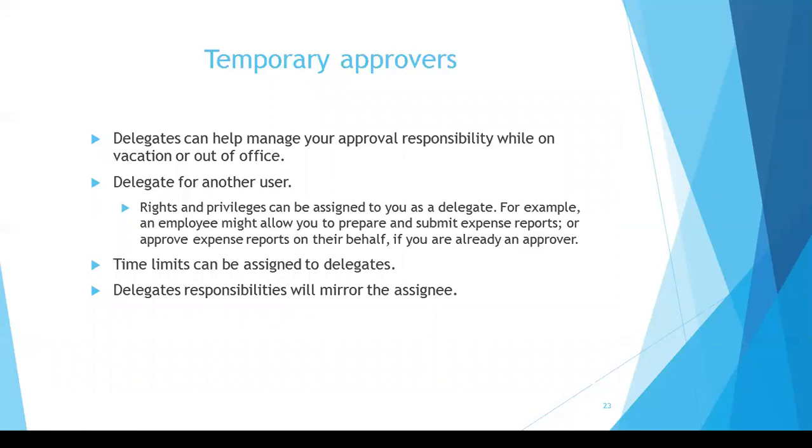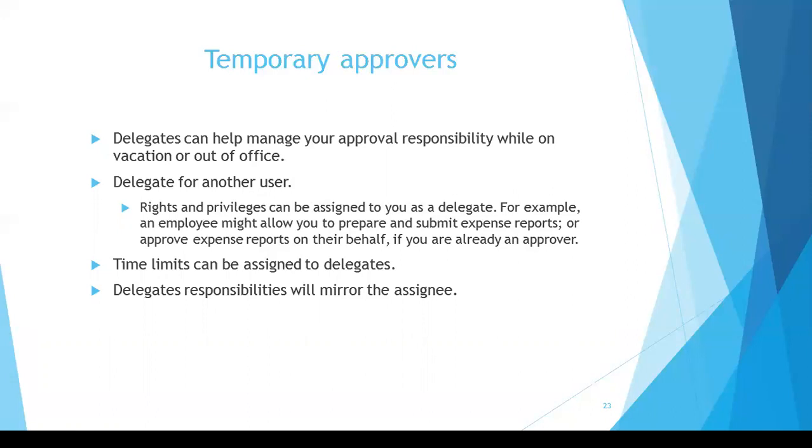For managers, while they are out of office or on vacation, you can also delegate your approving responsibility to another approver. So Junaid and Faye, if you are going on vacation, you can have another approver approve on your behalf while you are out. That person that you're going to delegate to must be an approver.